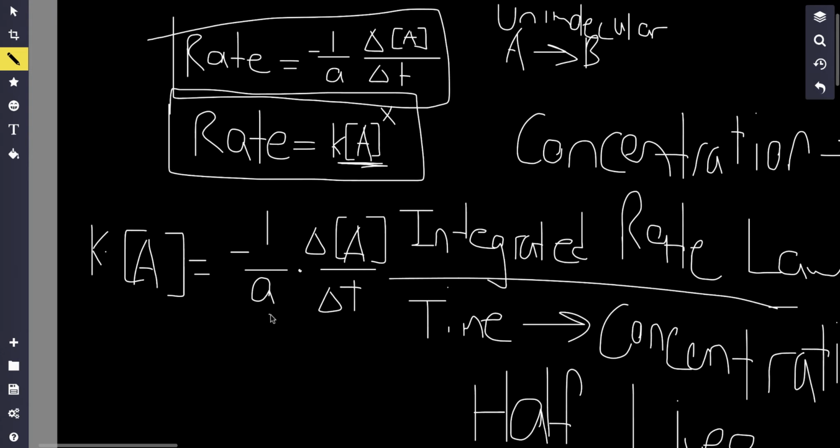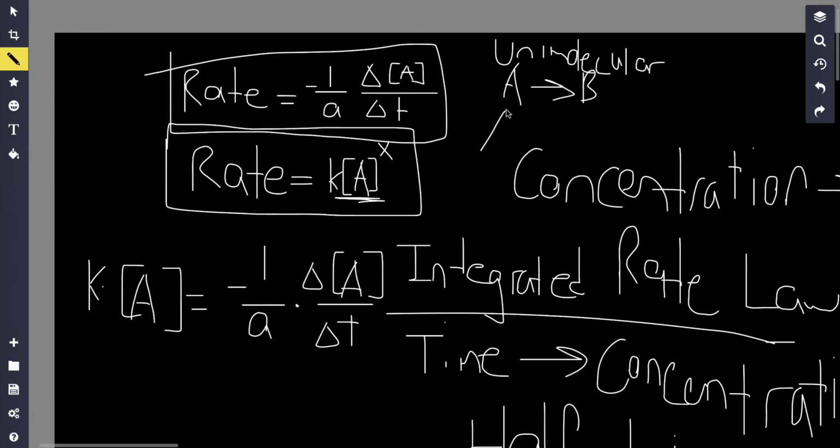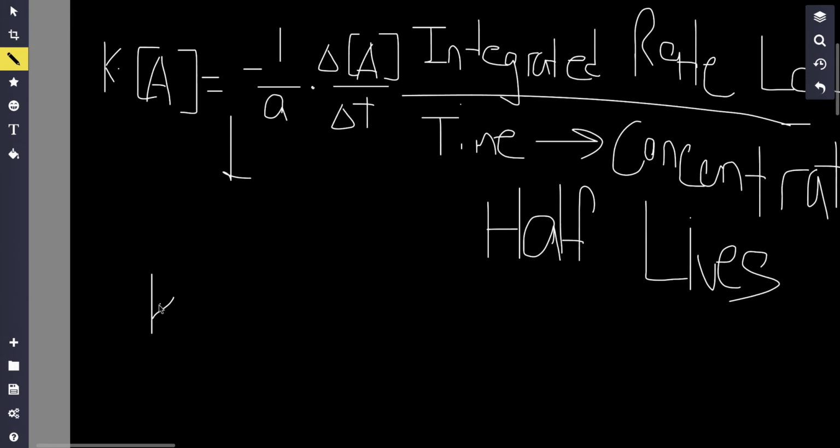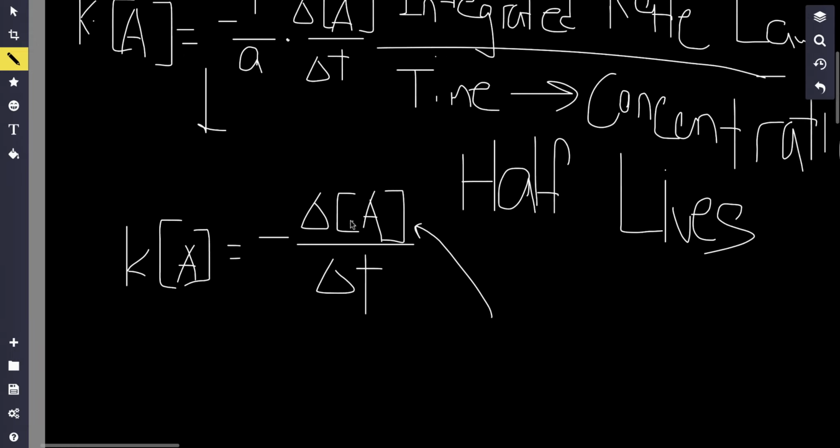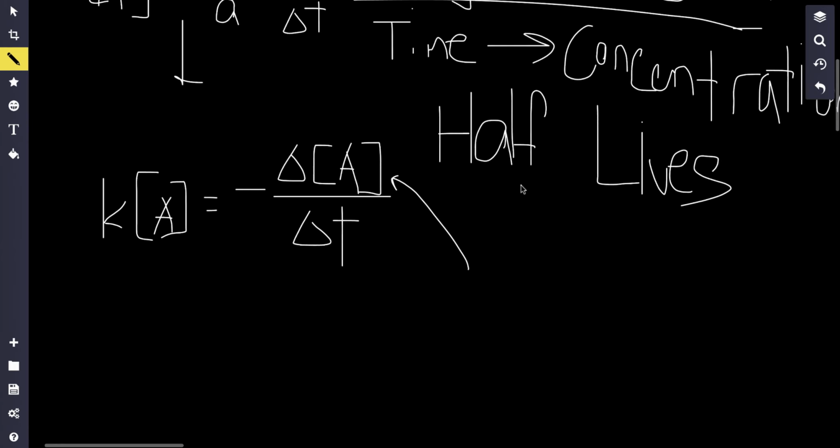Now recall that this lowercase a represents the coefficient of this big A. Because this coefficient is 1, I can just rewrite this as K times the concentration of A is equal to negative the change in concentration of A divided by the change in time. Now, change in Y over change in X sounds a lot like a derivative.